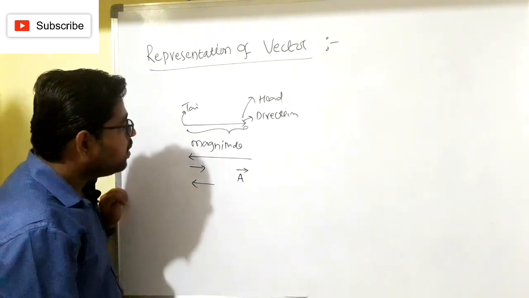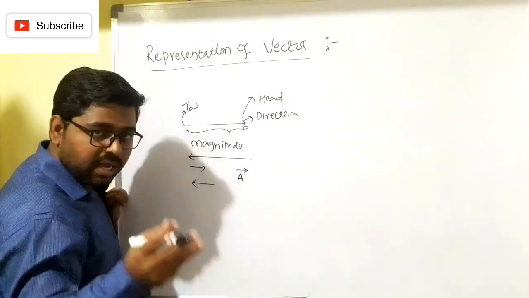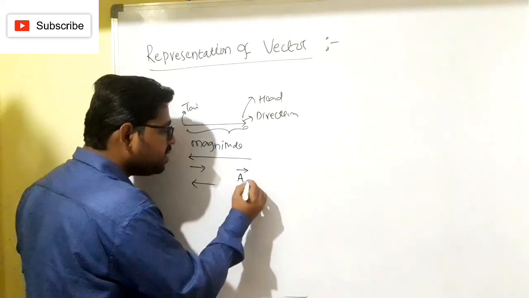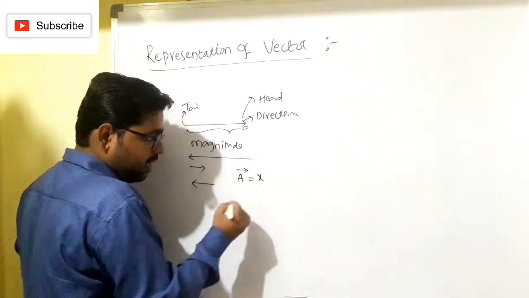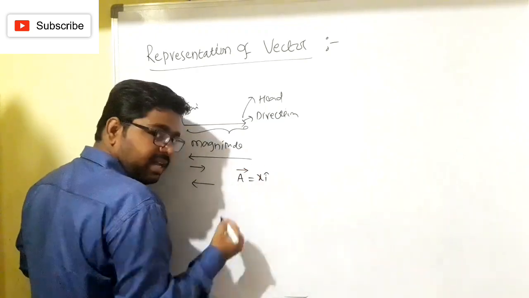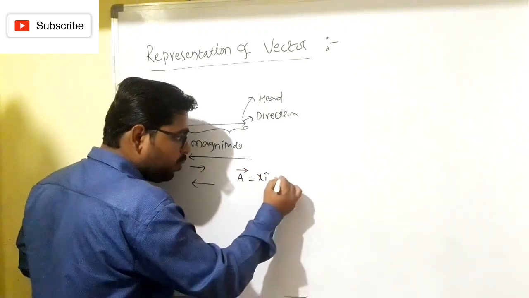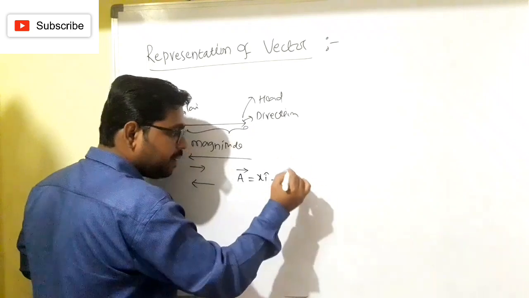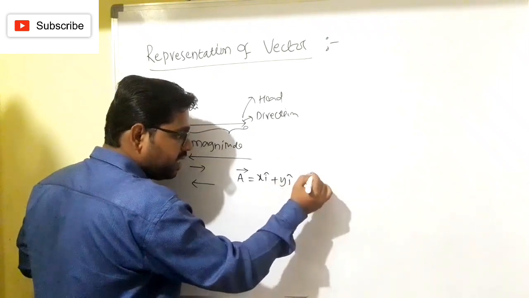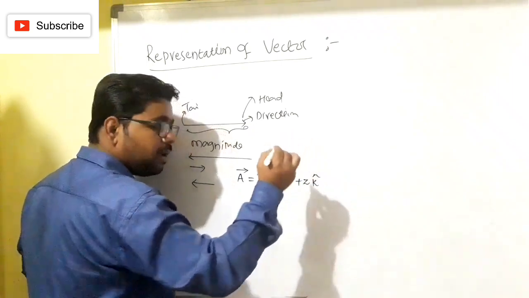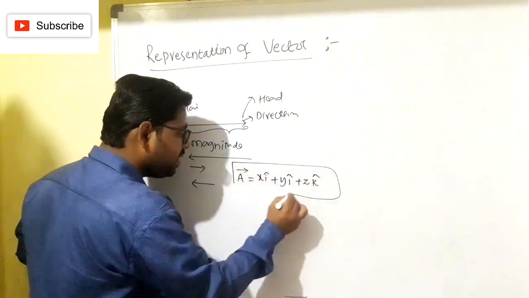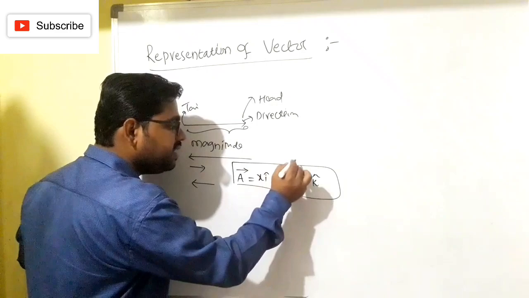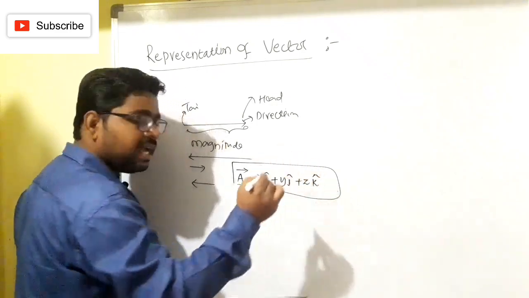If it has components, as I said, with unit vectors, a vector is the magnitude along x multiplied by the unit vector, that is x i cap, and the magnitude along y multiplied by j cap, and so on. A vector is equal to x i cap plus y j cap plus z k cap.